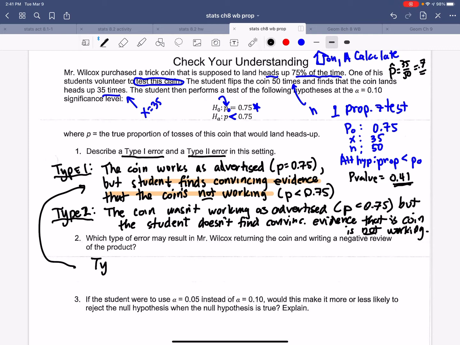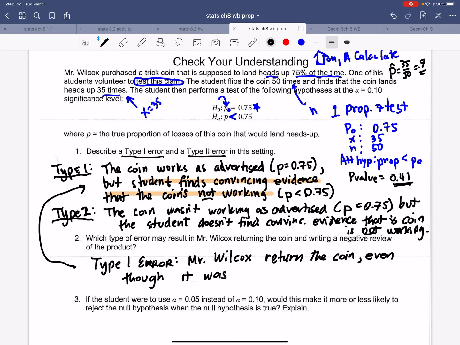So this would happen in the circumstance of a type 1 error, right? Mr. Wilcox would return the coin because he was given evidence that it wasn't working, even though it was in fact working as advertised. You just happen to get an unlikely sample.